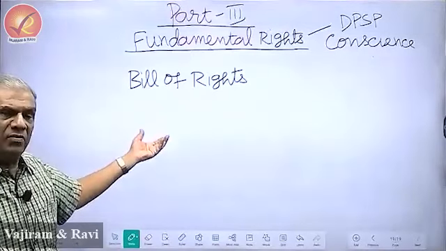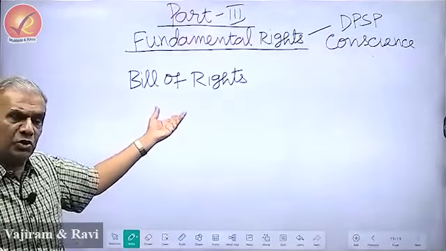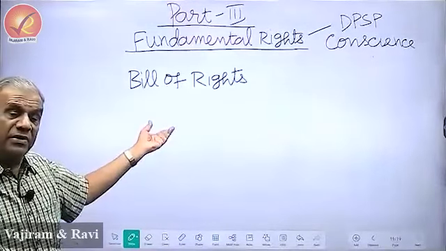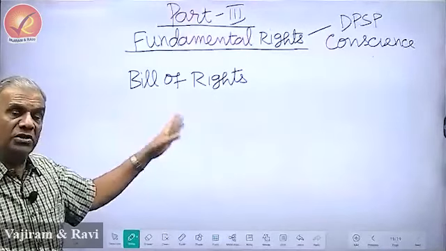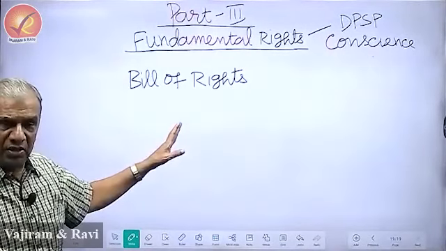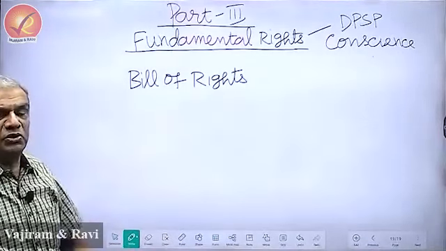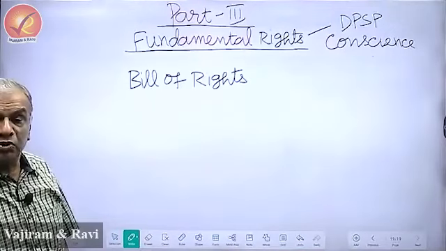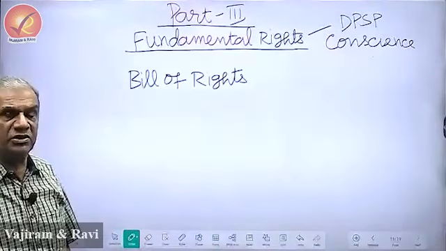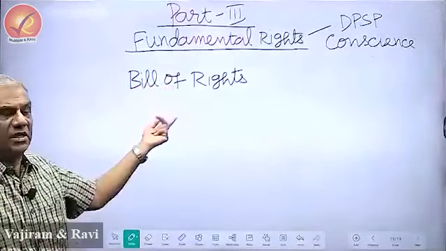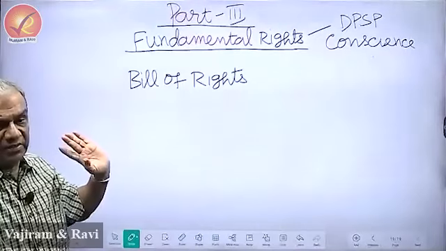We have modeled our fundamental rights based on the US Constitution. Because the US Constitution is the first written constitution, the oldest written constitution in the world. And second, the US Constitution was the first constitution to give a constitutional status and elevate the position of the fundamental rights. That is why we follow this Bill of Rights.